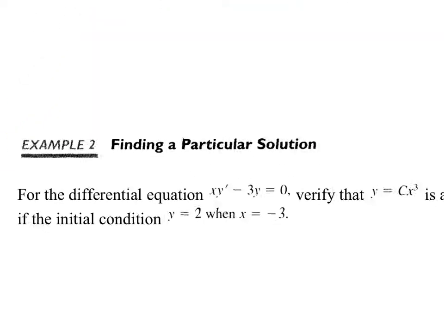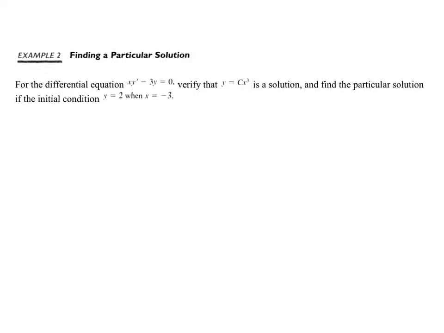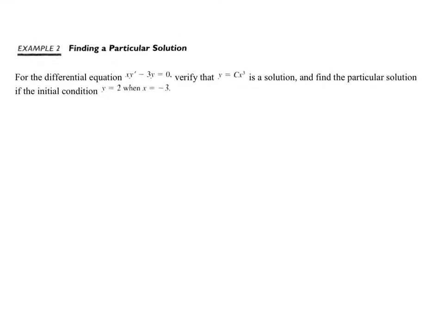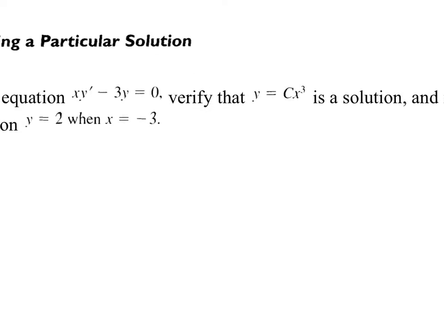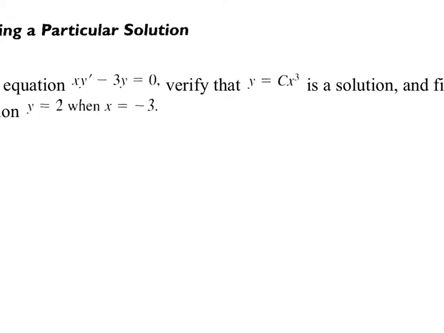So then we had another case where we can verify a solution and then use that solution to find a particular solution. And this was the very end of what we did yesterday. So the first thing that we're doing here is we want to verify that c times x cubed is a solution to this equation, x y prime minus 3y equals 0.